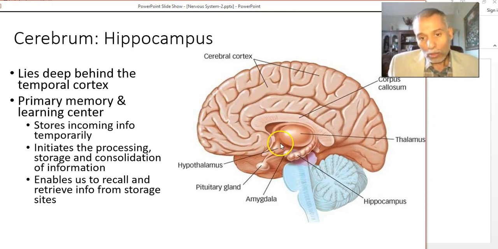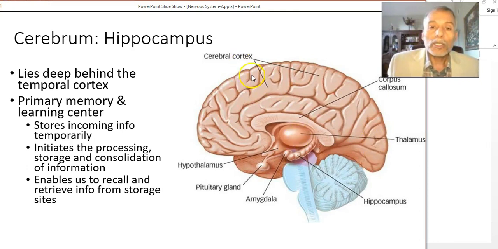All the storage sites are basically in the cerebral cortex, the very, very top layer of the brain. So the very top layer of the brain is where information is stored and processed. But the memory center, the hippocampus, sorts it out so that visual information, for example, is stored in the visual cortex.